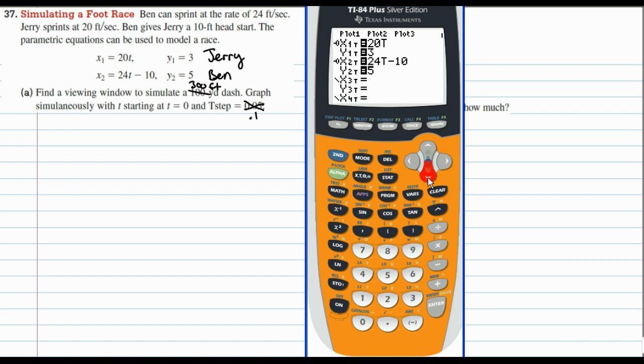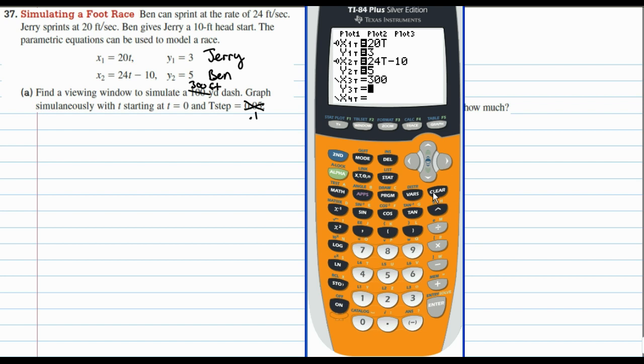So I'm going to add to this problem. I'm going to put in x3 and y3. Their finish line is a vertical finish line, so it has a horizontal position of exactly 300 feet. Now, as far as its y coordinate, I can't make its y coordinate specific.